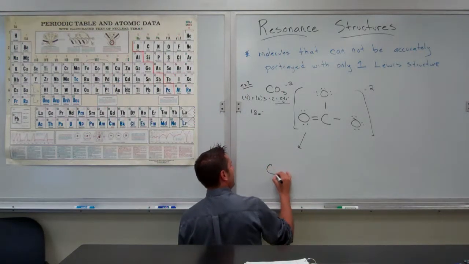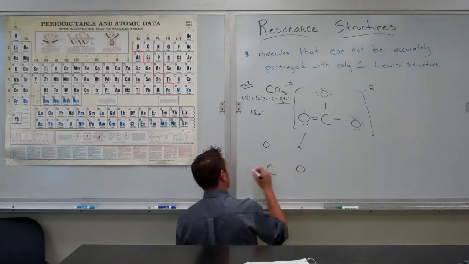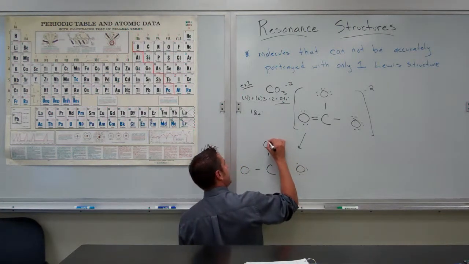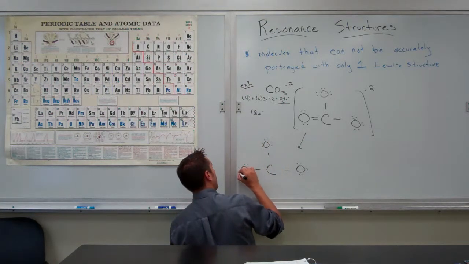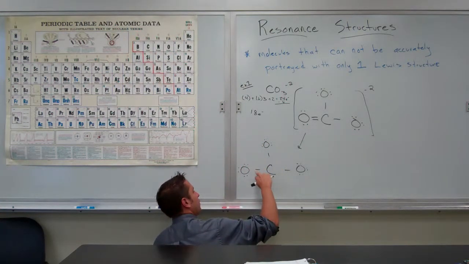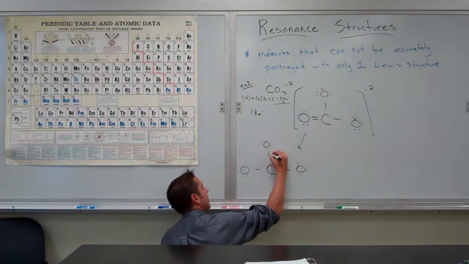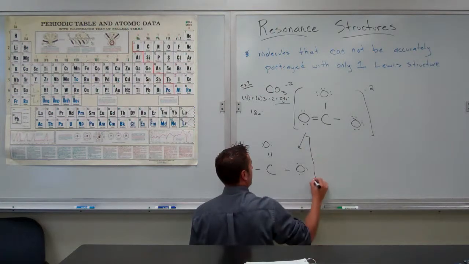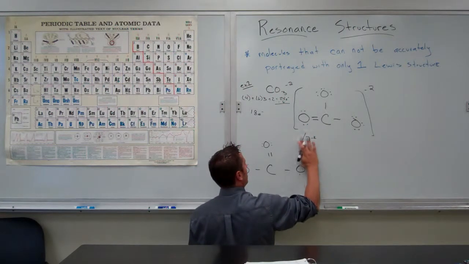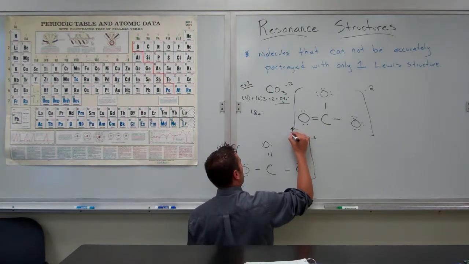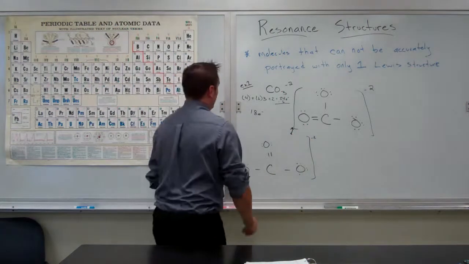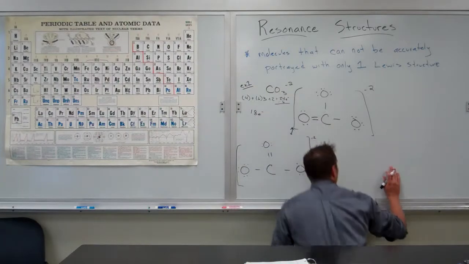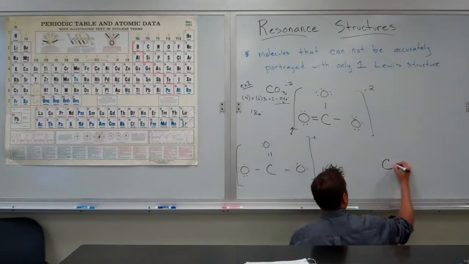I would have carbon, oxygen, oxygen, oxygen, single, single, single, use my 18 electrons, and instead of pulling 2 from here, I pull 2 from here, leading me to this structure. Or I could have taken 2 from this one, which would have led me to this structure.